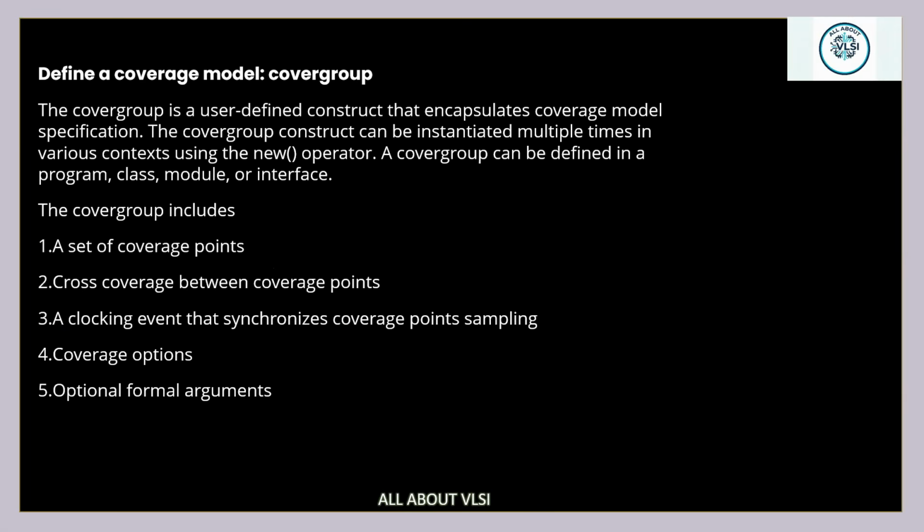Now, how to declare a functional coverage model? The first step is to define a coverage model. For declaring a coverage model, we need a covergroup. This is our keyword. A covergroup is a user defined construct that we declare in our code, which encapsulates the coverage model specification.